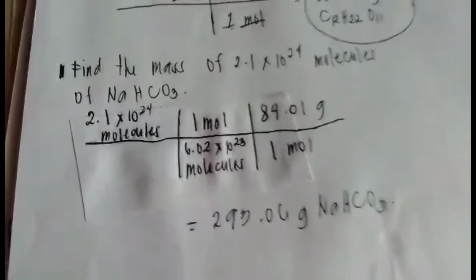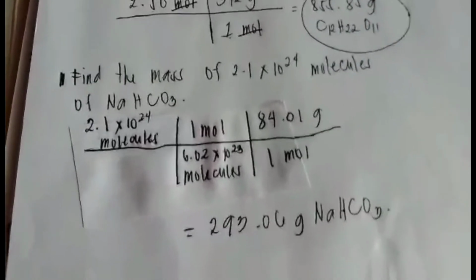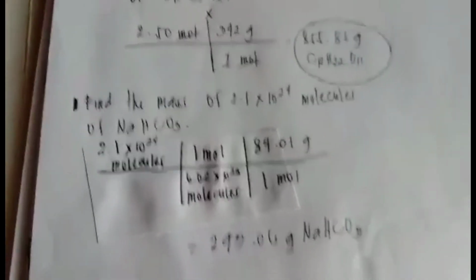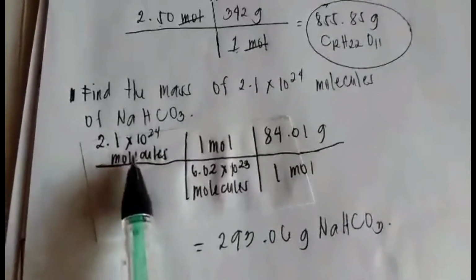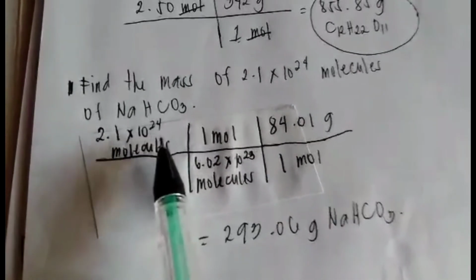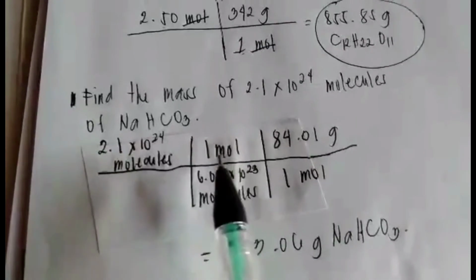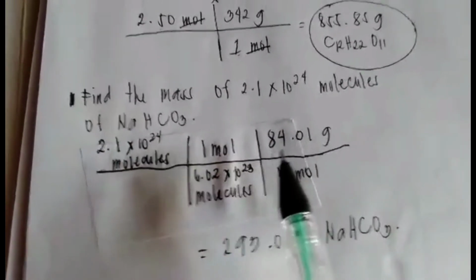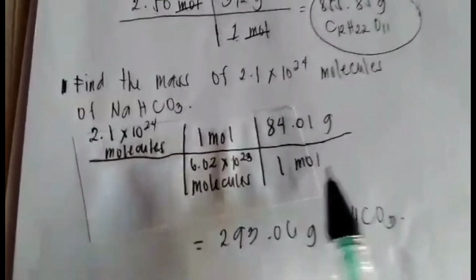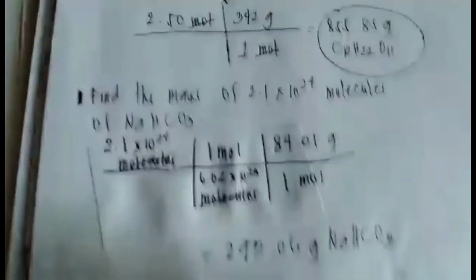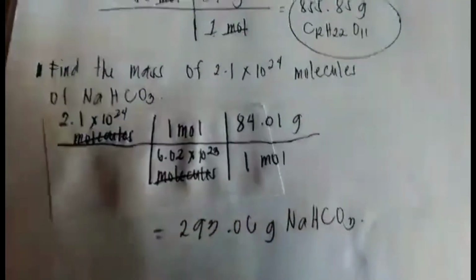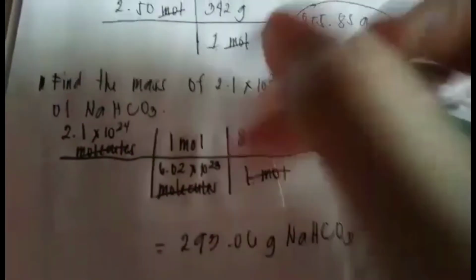So what you need to do, just like what I said, is multiply 2.1 times 10 raised to 24 by 1 mole and by 84.01. Before we multiply, we need to cross out these molecules, and then the 1 mole.